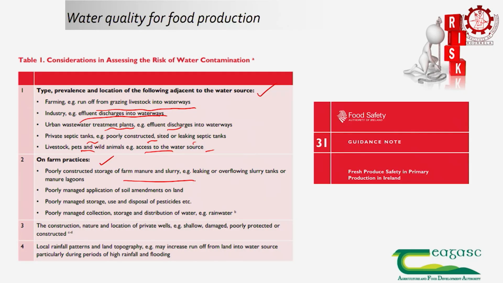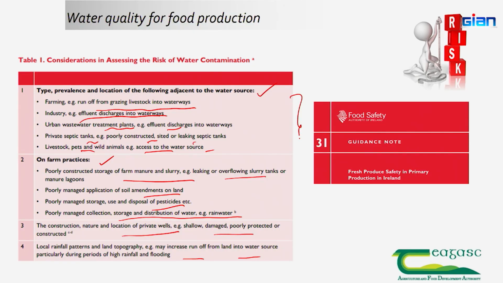Yeah. So that is an important thing to understand. Again, on-farm practices, storage of farm manure, slurry, soil amendment, disposal of pesticides, collection, storage and distribution of rainwater, and private wells are all things which contaminate water, apart from food processing operations or agri-food operations, and how they are changing.